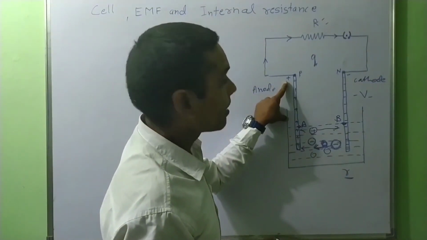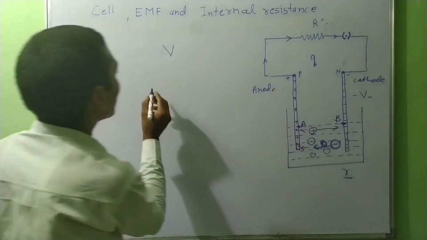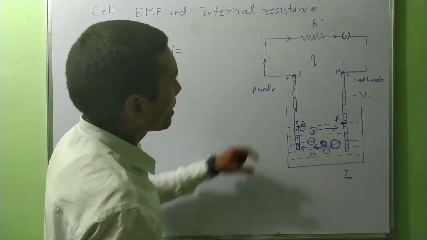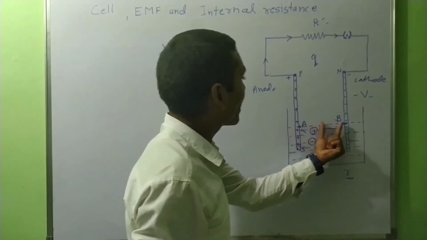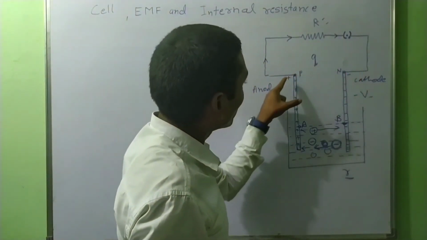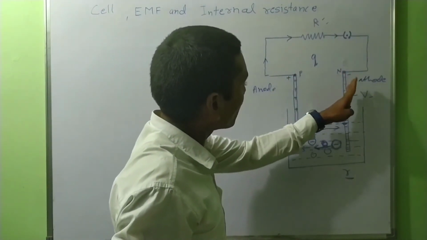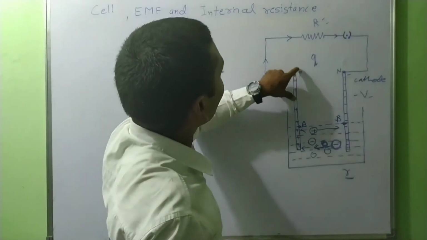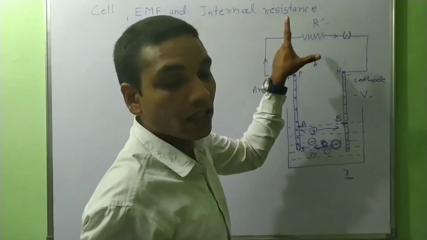We have to add the potential difference between P and A, between A and B, and between B and N. The sum of these potential differences will be equal to the potential difference between two terminals in the external circuit.